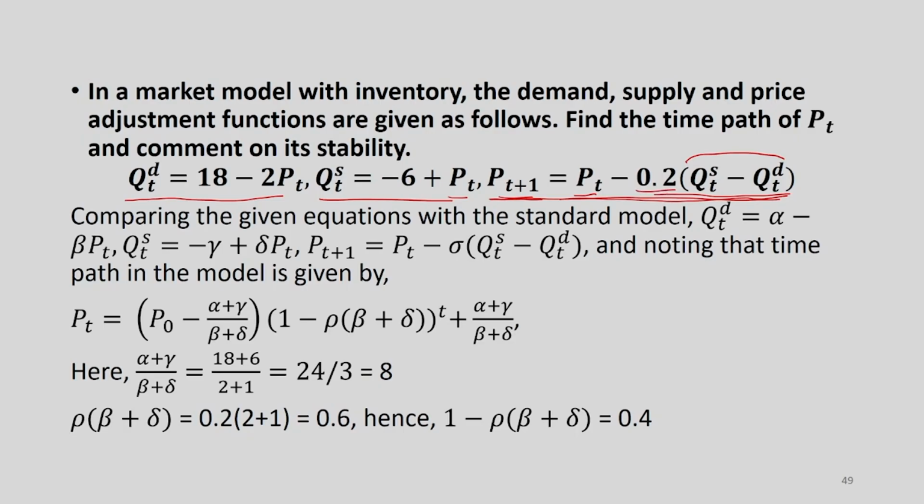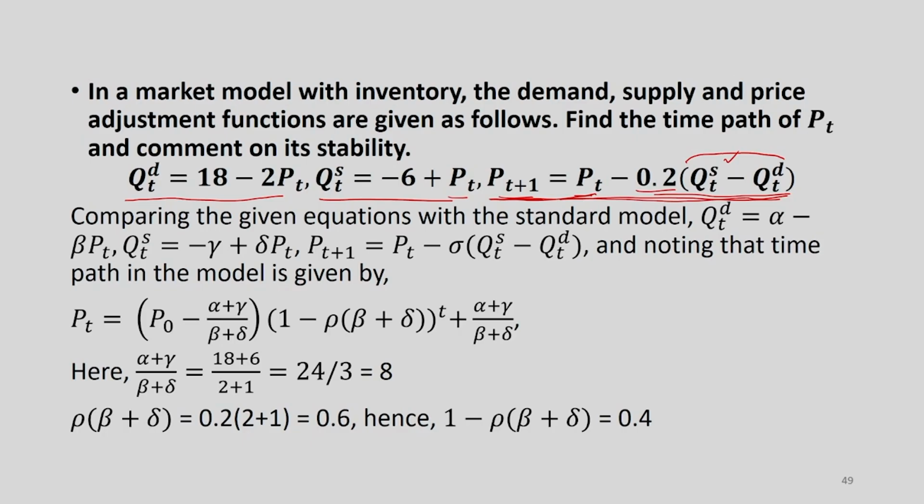So, if you have excess supply in this period, then in the next period the price is going to be adjusted downwards compared to this period's price, and vice versa. If you have excess demand in this period, this will be negative, and negative minus negative is positive. So, in the next period the price will be higher than this period's price. So, there is an element of time involved here. That is why we have difference equations to take care of that.